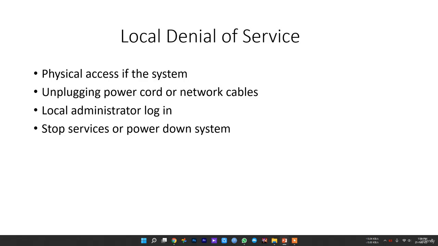Local denial of service. Denial of service is a term used to describe a condition in which programs, systems, or networks are prevented from providing information transfer and processing services at an acceptable level of performance. Those conditions can be caused in various ways, but it is always intentional and often malicious.